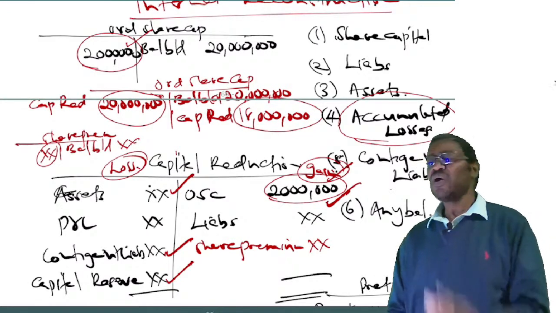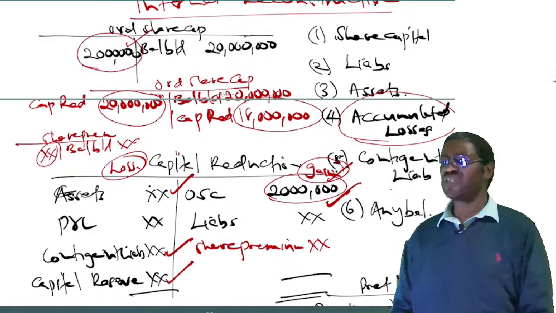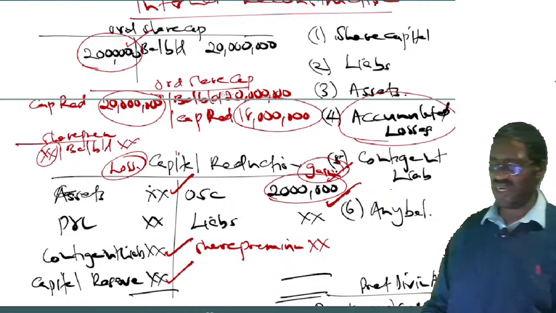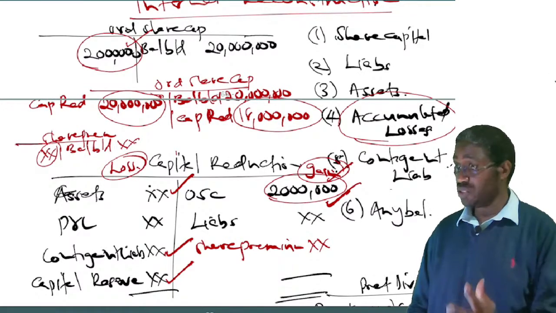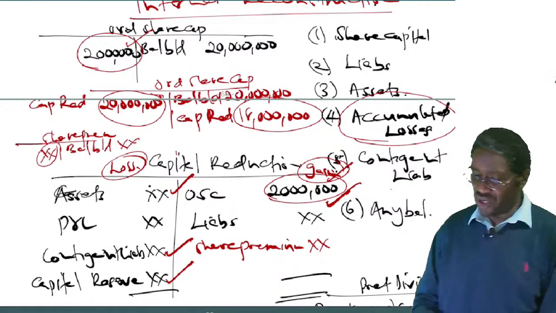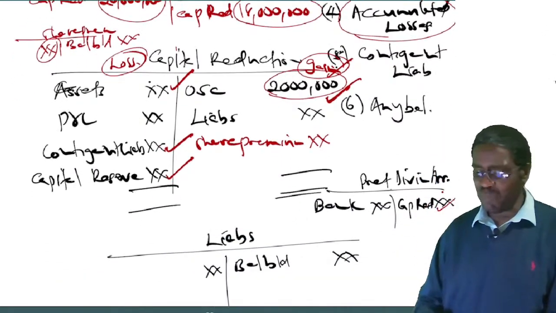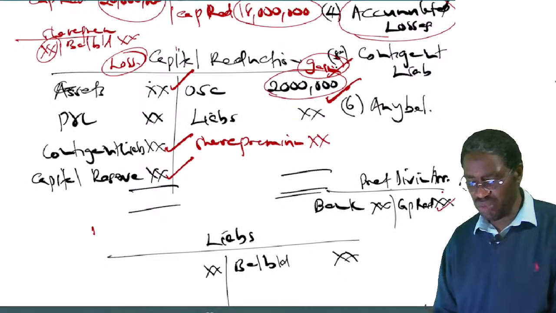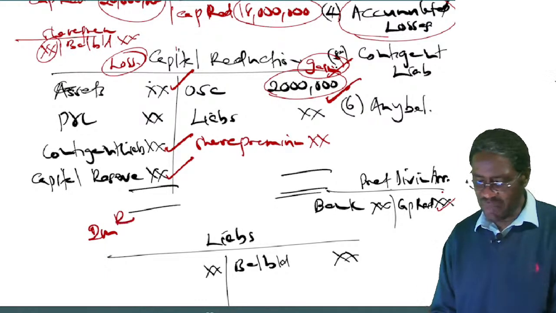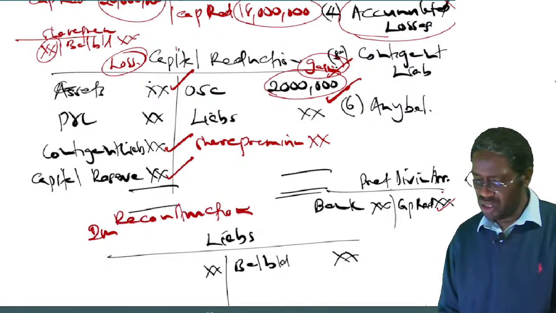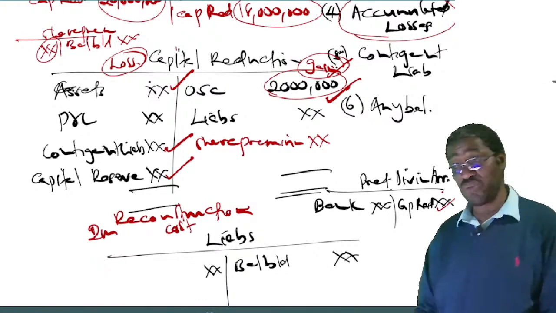Next, what if you go to note number 7 or note number 5 or whatever, and you realize something like this? You're told during the reconstruction process, the company had to spend 2 million shillings for reconstruction. In other words, the company incurred a reconstruction cost of shillings 2 million.